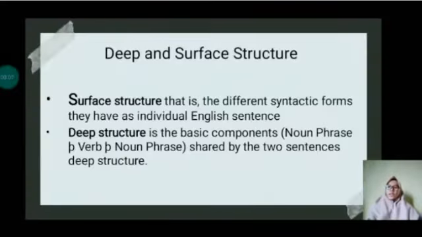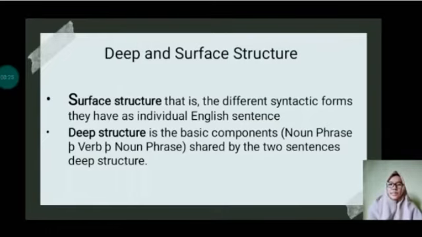I will continue with deep and surface structure. First is surface structure, that is the different syntactic forms they have as individual English sentences. I will give you two examples. First is Charlie broke a window and the window was broken by Charlie.